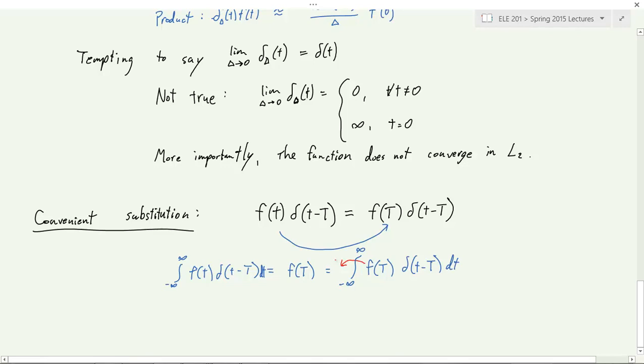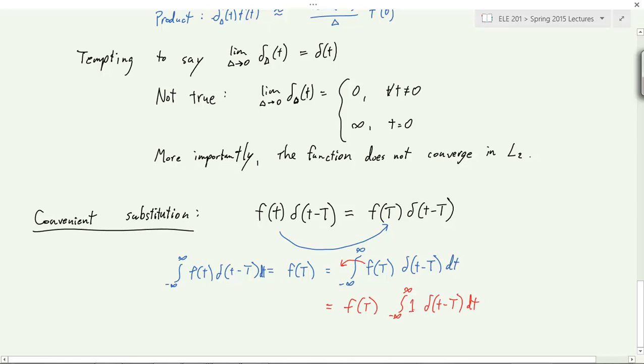Well, I guess sort of inadvertently we defined these approximations to always have integral 1. But also, the sifting property just says that a delta function times anything is the value of that other function. So let me write it out: f of capital T times the integral of delta of t minus capital T dt. If you want to know that that's 1, just pretend there's a 1 here. We have a constant function 1.